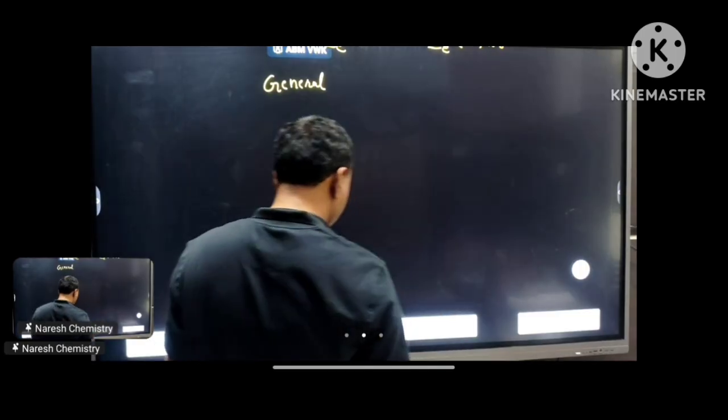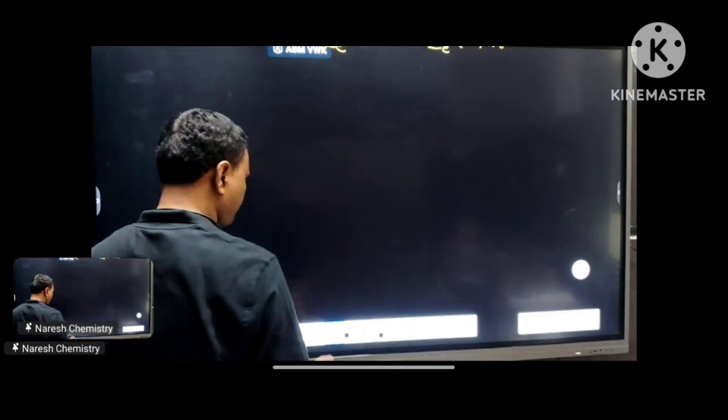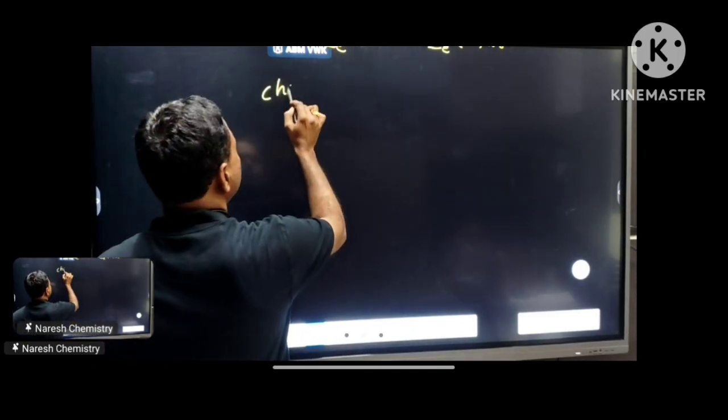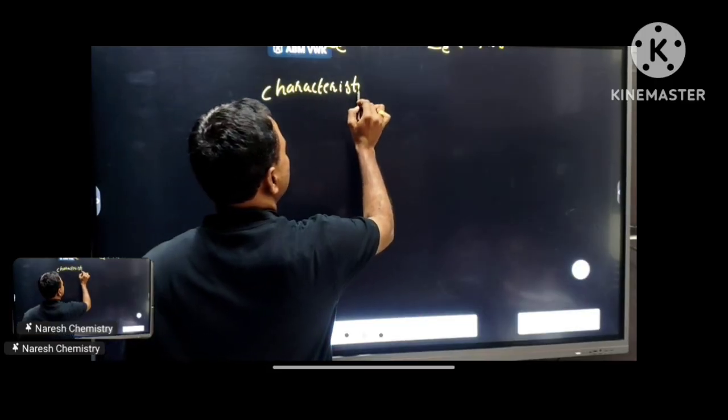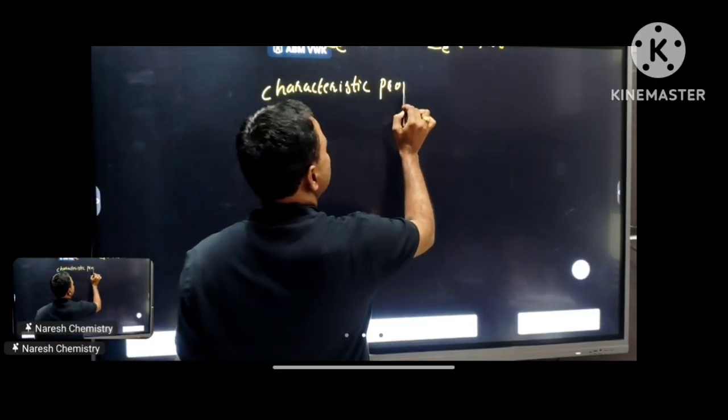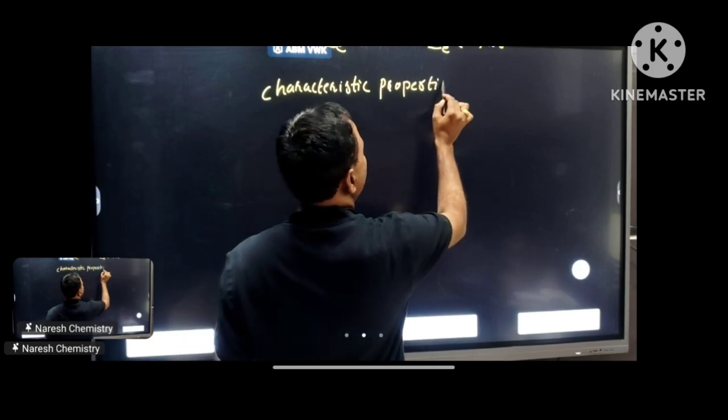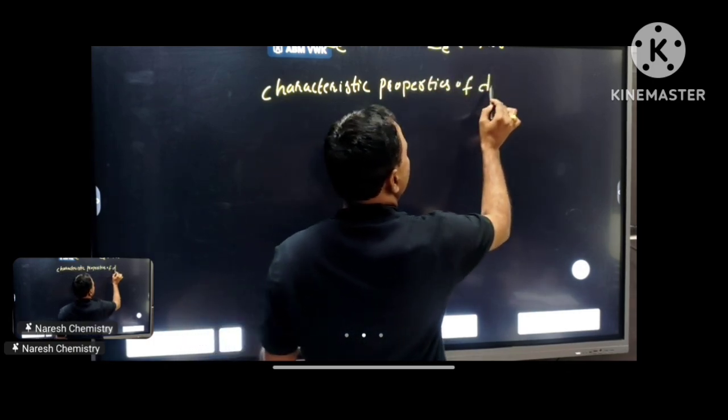Characteristic properties of d block elements.